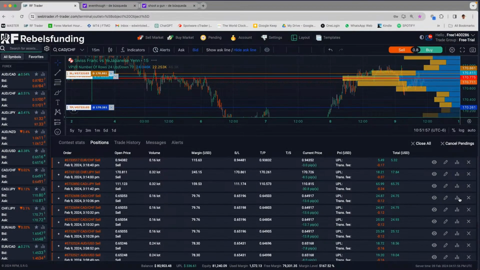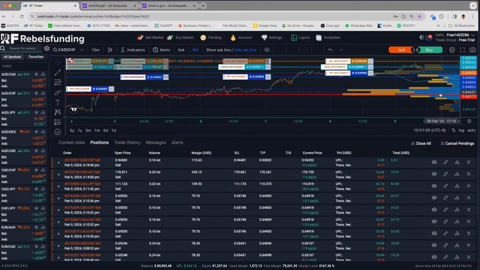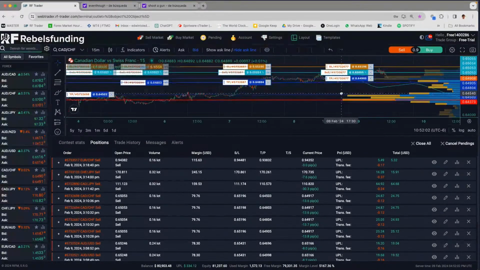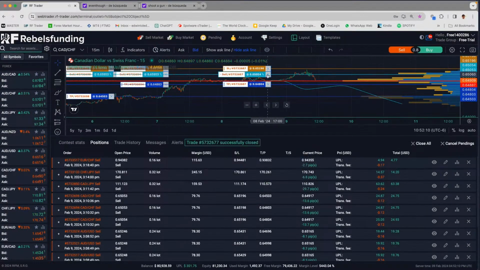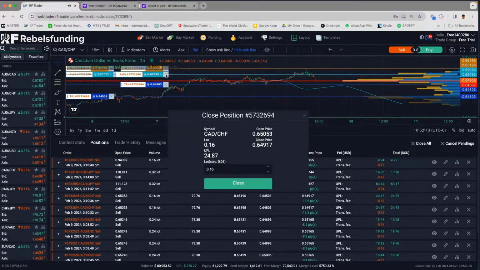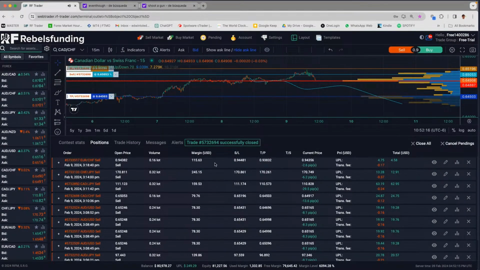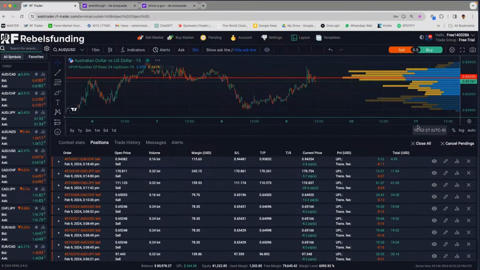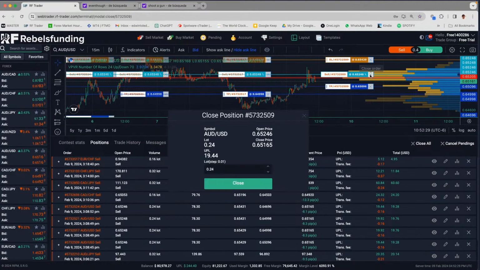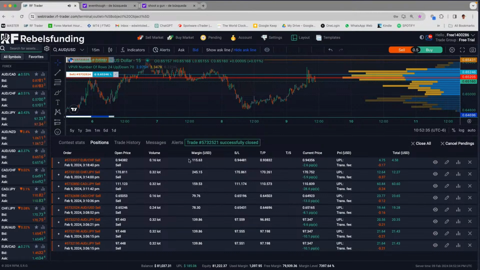CAD CHF. Nice. I'm going to take this back and this back and this back just because of the day, which is a Friday. AUD USD, we are going to take this back and this back.